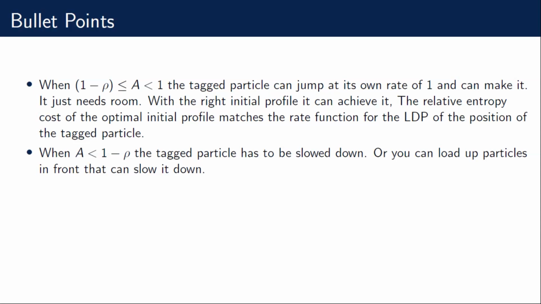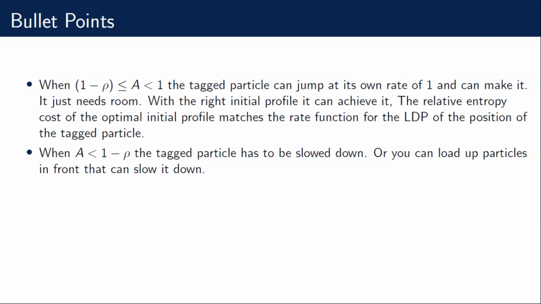Or maybe by chance you had more particles in front of the particle so that its speed is curtailed. So any combination could be the reason for it. And you can work out which is good and which is expensive, which is inexpensive. It depends on the value of rho.